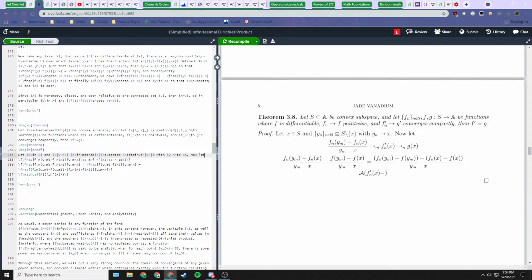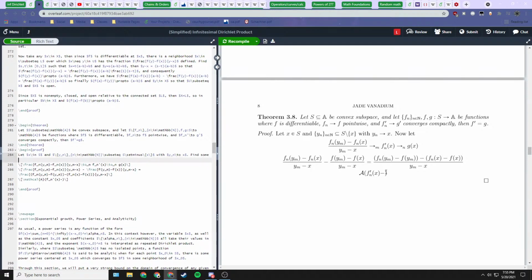Oh, I know, maybe we can use sequential compactness by essentially sticking together a bunch of line segments from the different y sub n points. That actually might work. Well, let's just leave that for now. So find some compact set.